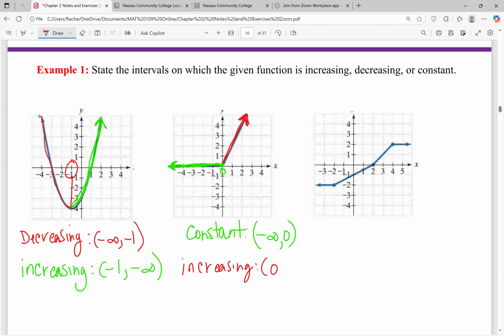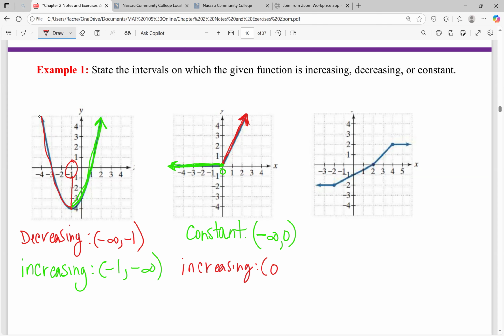This piece on the left, the graph is constant from negative infinity up to x is -2, and it's constant again from x equals 4 to infinity.